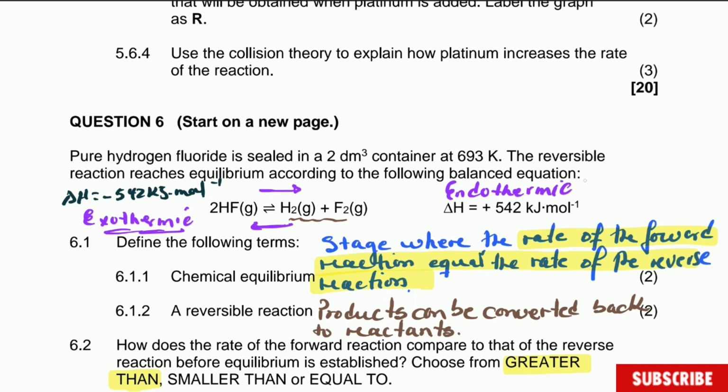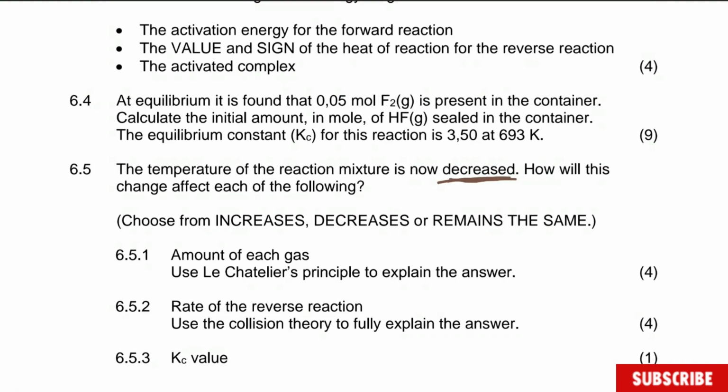If you increase the temperature, the forward reaction is favored. If you decrease the temperature, then the reverse reaction is favored. That is important for us to understand here because of the type of reaction we are dealing with.